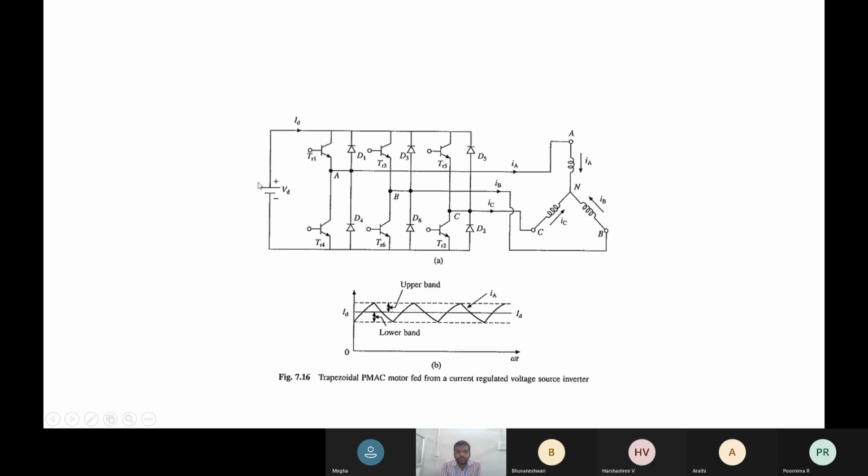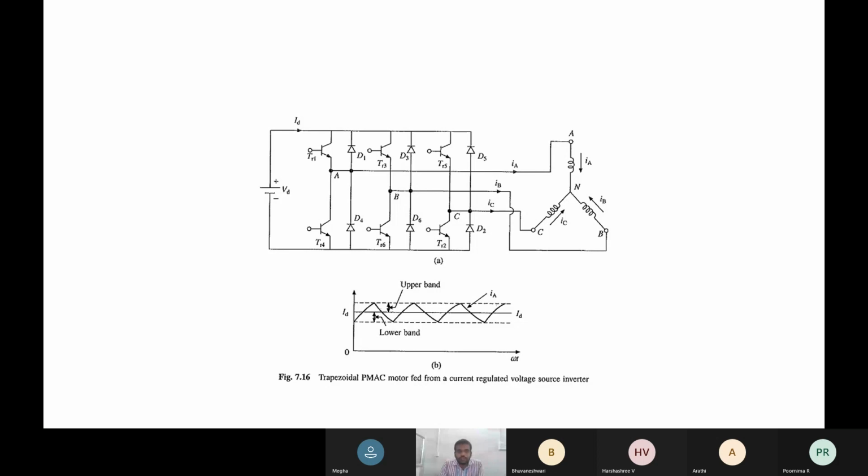This VSI circuit is fed with a voltage source, that is a DC. The DC is converted into AC here: the inverter inverts the DC pulses into AC pulses. Here the source is DC. We are using a bridge of thyristors and diodes.